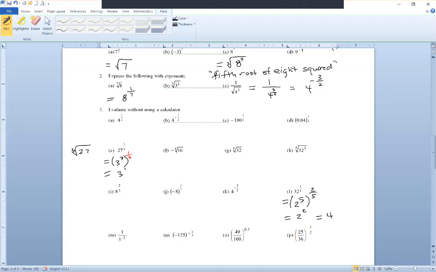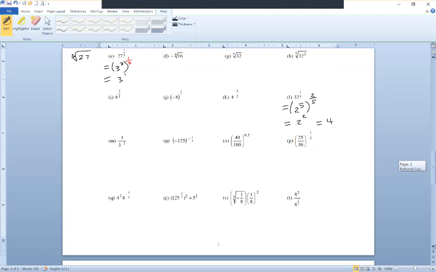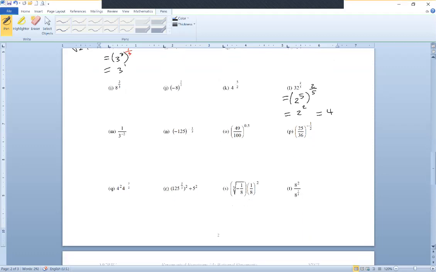So those are just a couple examples from question 3. Oh, we'll do one more. Let's try question Q. Question Q is 4 squared times 4 to the negative 3/2. Now, the way that I would do this question is change that exponent of 2 to 4 over 2.